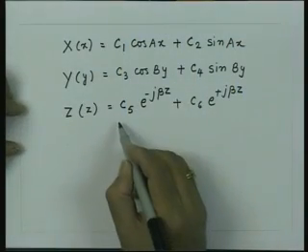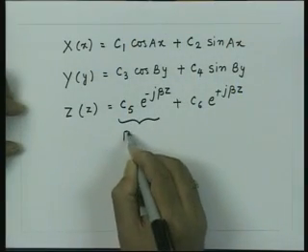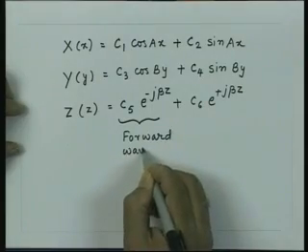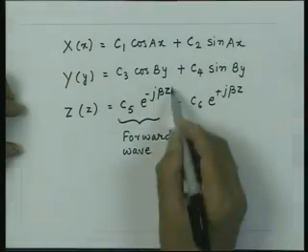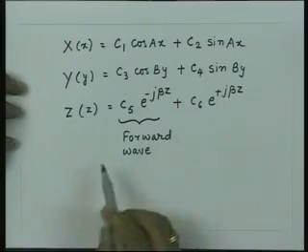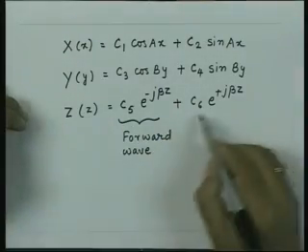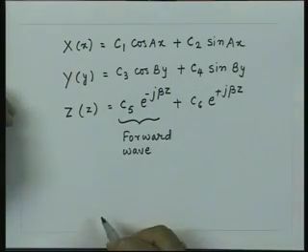So, just for simplicity of the analysis, we can assume that there is no wave which is travelling in the negative z direction, and we have only one wave which is the forward wave on this waveguide. So, this wave is a forward wave travelling in positive z direction. So, let us assume that only one wave which is travelling in positive z direction exists, and there is no wave which is travelling backwards on the structure.